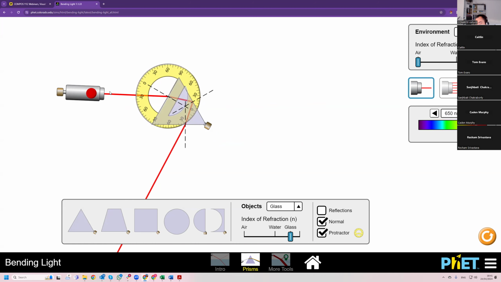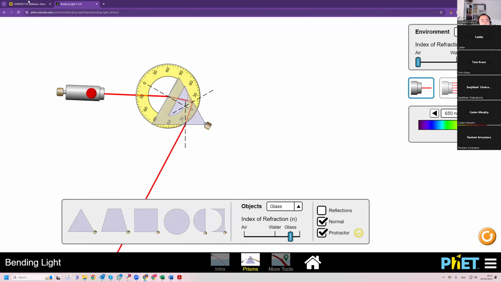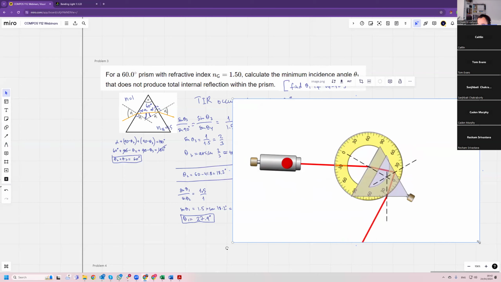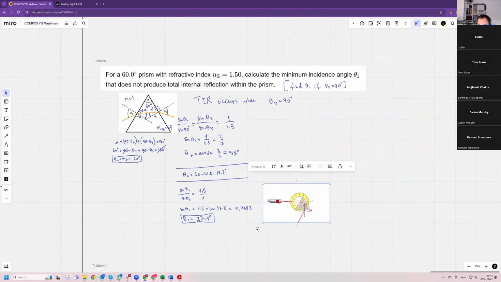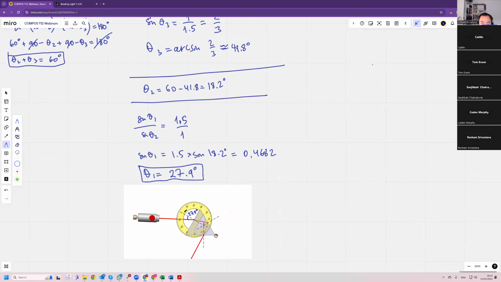So as you can see, indeed, the angle of incidence is indeed about 27.9 degrees, as you can see here. Nice.